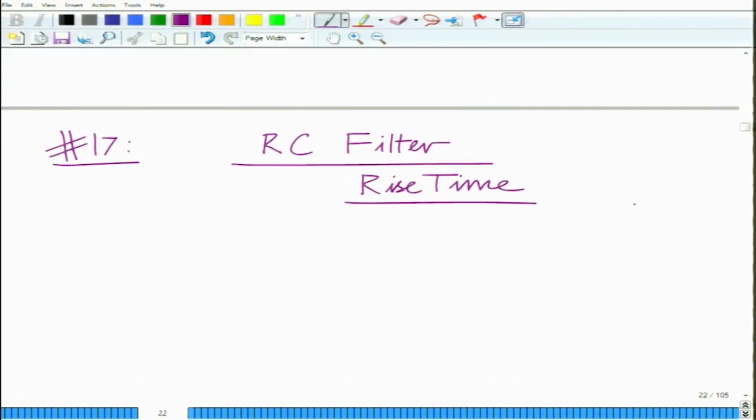And this deals with the concept of the rise time of an RC filter, and the problem is as follows.